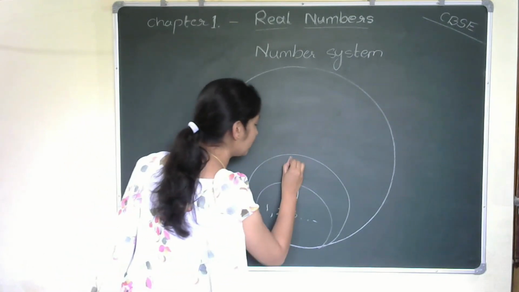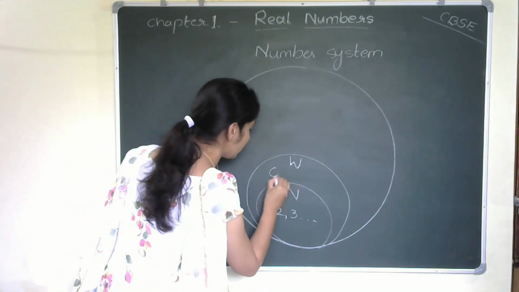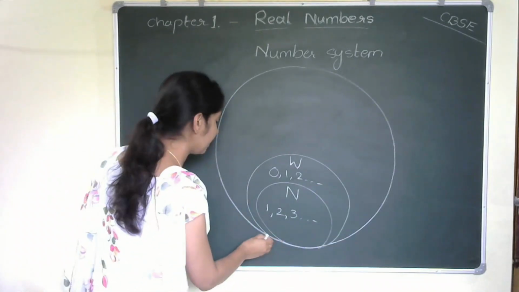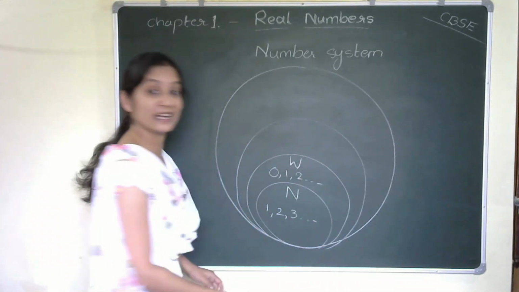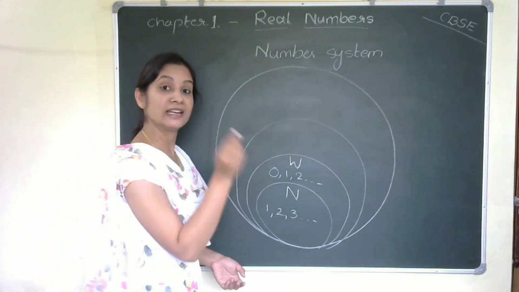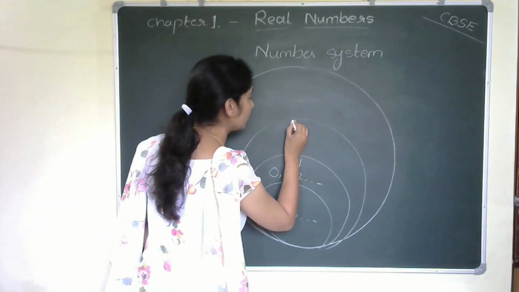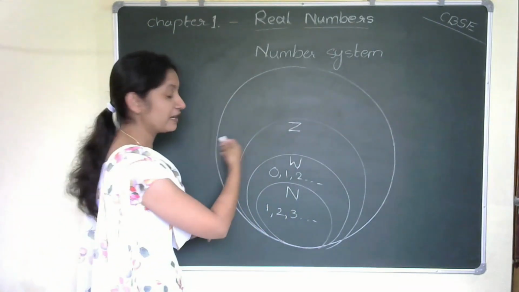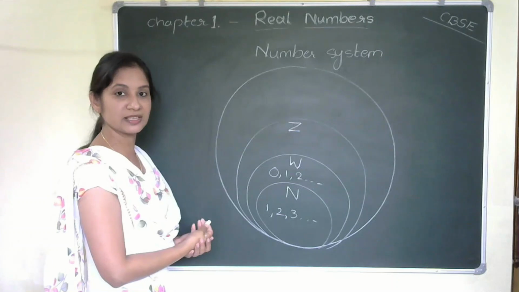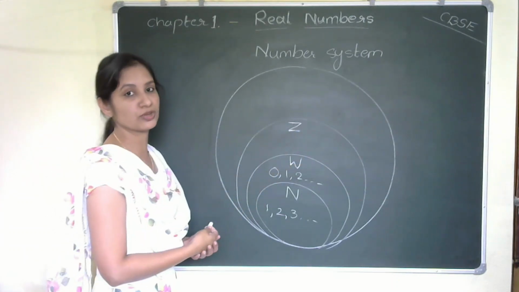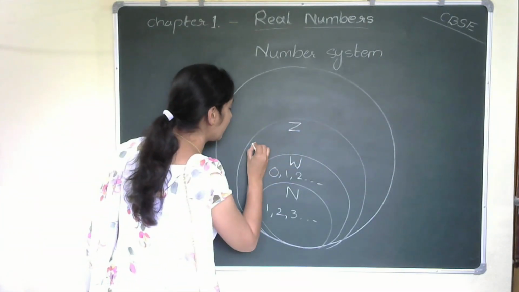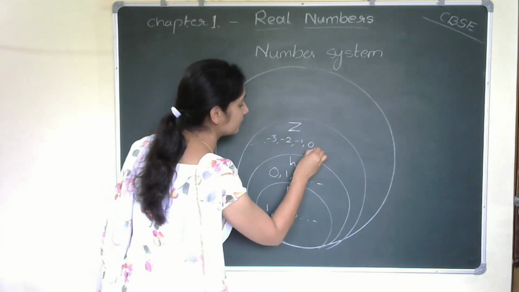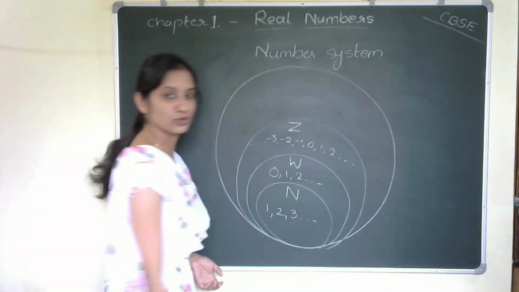We denote it as W. It involves 0 as well, 0, 1, 2 and so on. And then comes integers, which have negative values also. We denote it as Z. The values are infinitely many negative numbers and infinitely many positive numbers also.